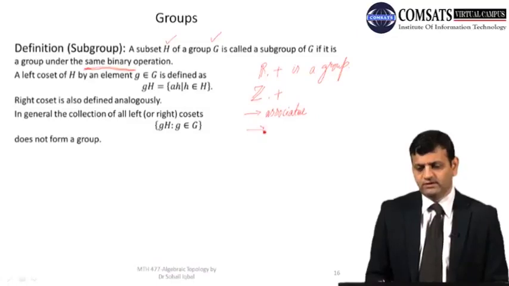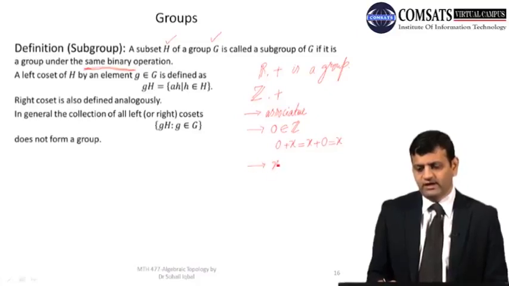The next part is the existence of an identity element. So 0 belongs to Z, which serves as an identity element. In other words, if I add 0 to any integer X in any order, then the result is X.